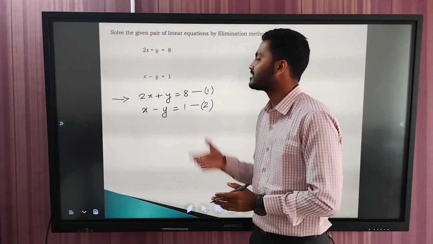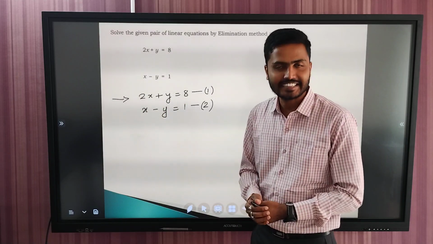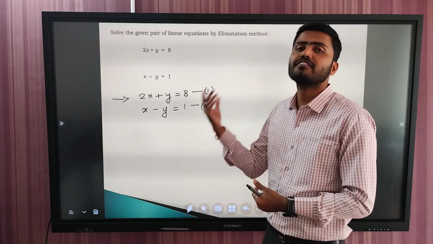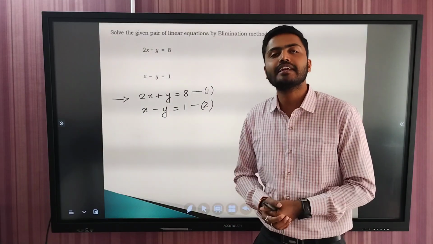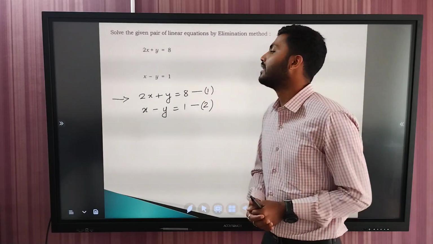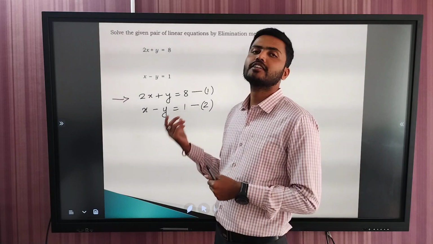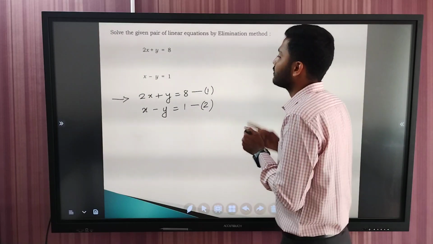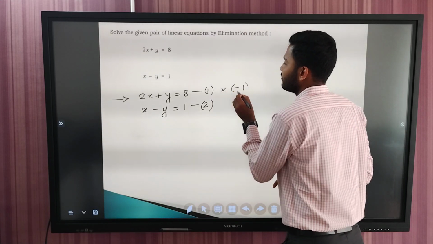We just hope that if it was plus 1, you would have easily cancelled it out, correct? Let us now try to make the coefficients of x or y the same by multiplying the given equations with a suitable number. Okay? So what I will do is I will make the coefficients of y the same by multiplying equation 1 by minus 1.